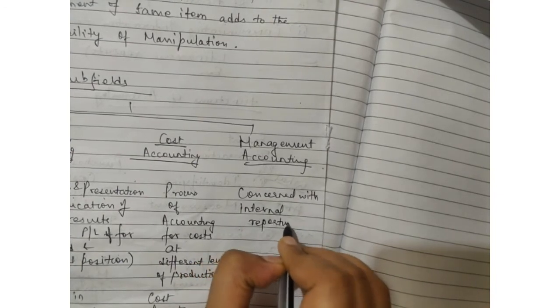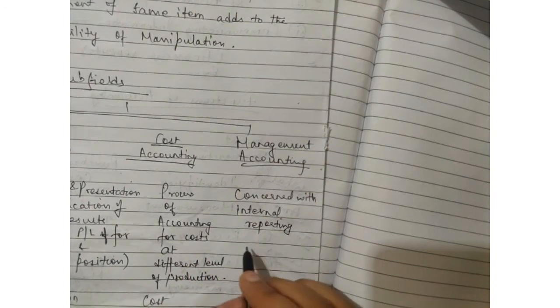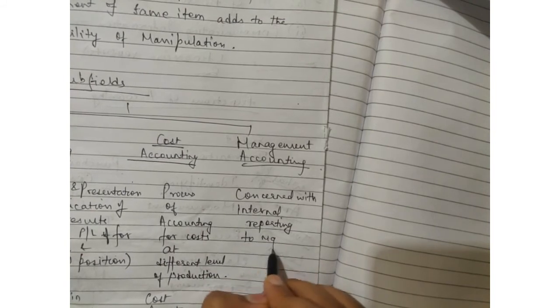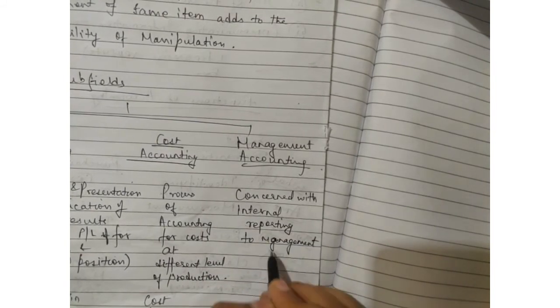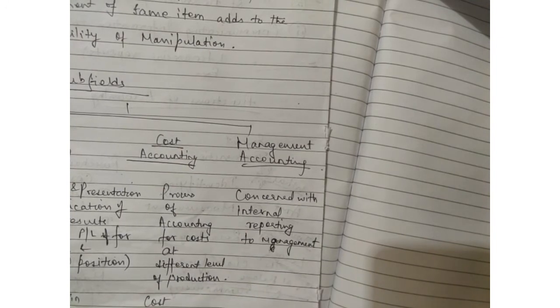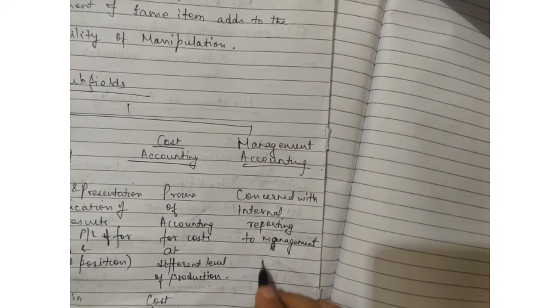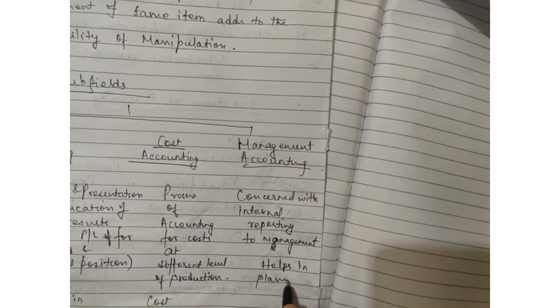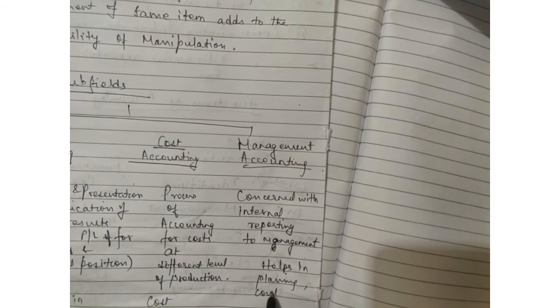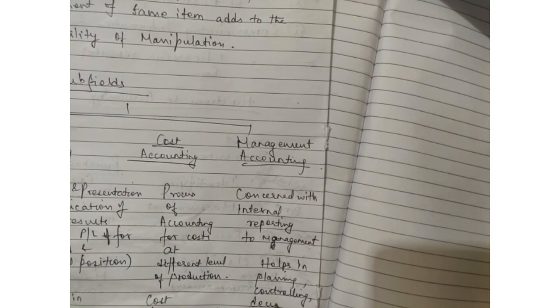Outside parties are not interested in this data. It is mostly for the benefit of the management so that they can improve their processes and thereby increase their profit. It helps in functions of planning, controlling, and decision making.